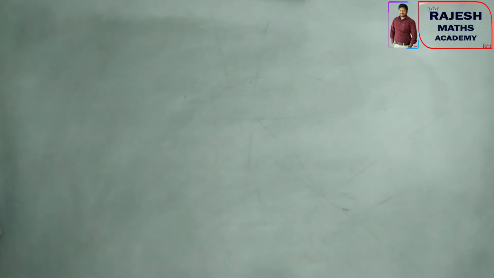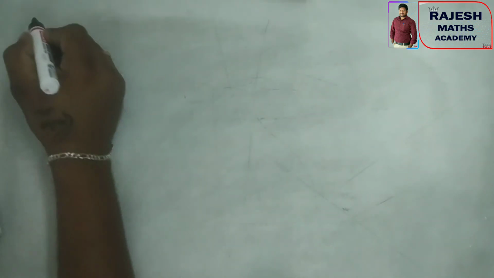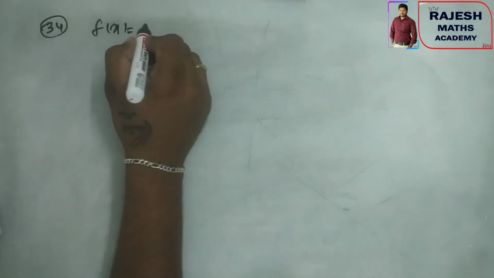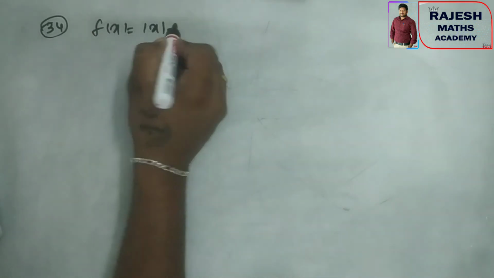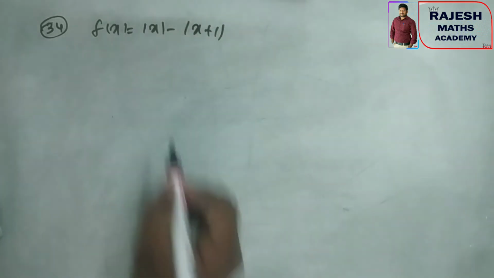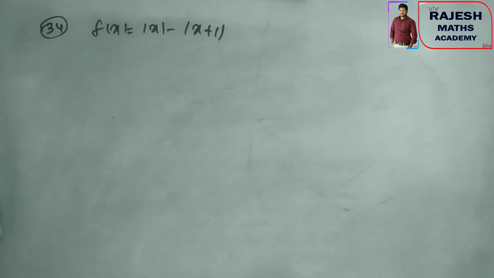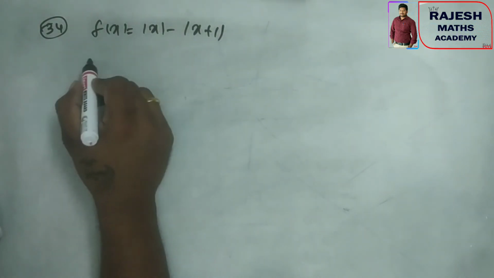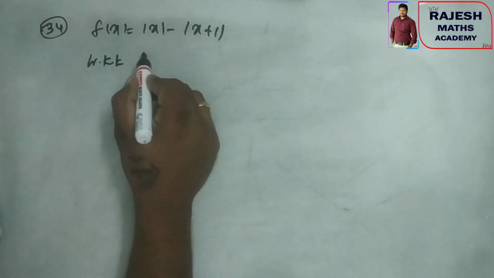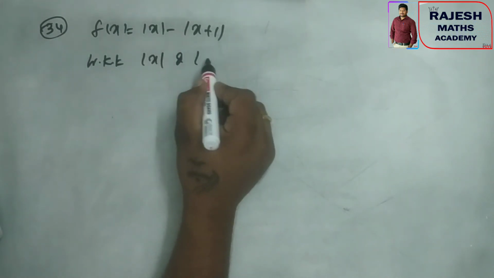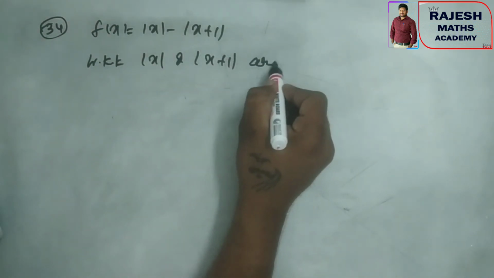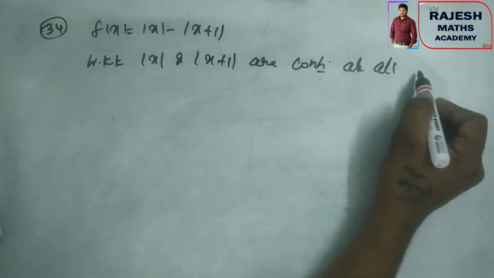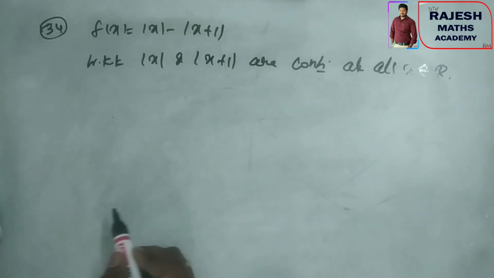Now the final question, number 34. In this question we will use theorem 1. The given f of x equals modulus of x minus modulus of x plus 1. We already proved the continuity of modulus of x and of modulus of x plus 1. They are continuous at all x belonging to real numbers.